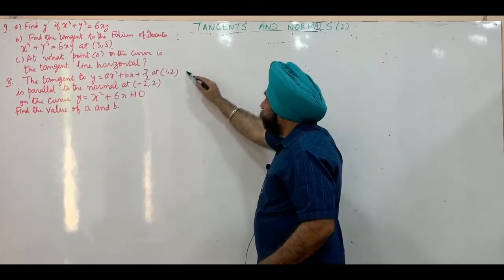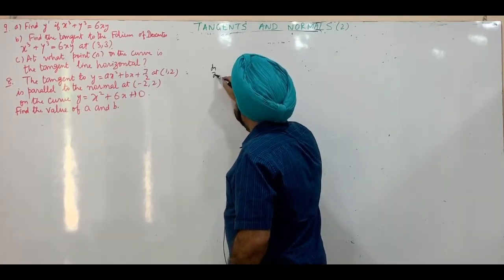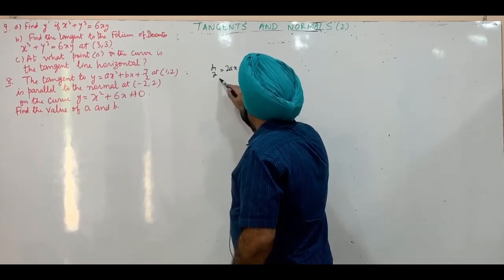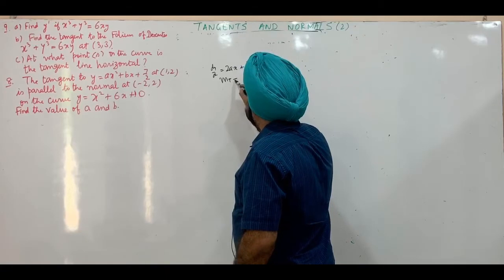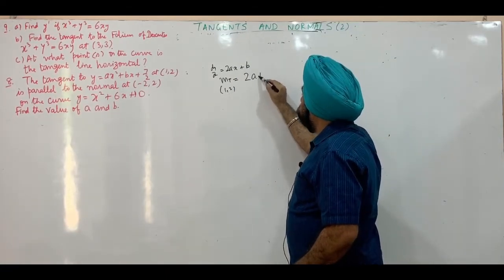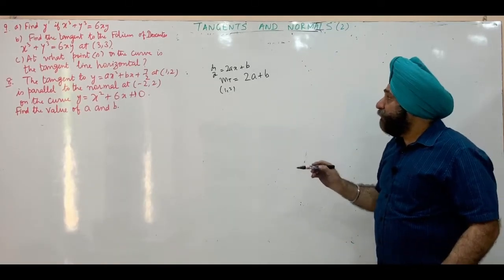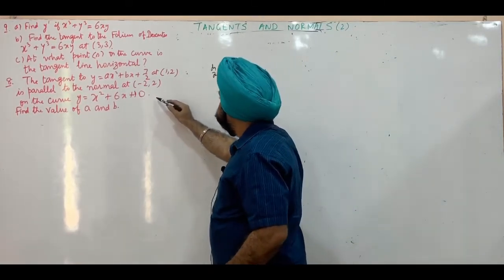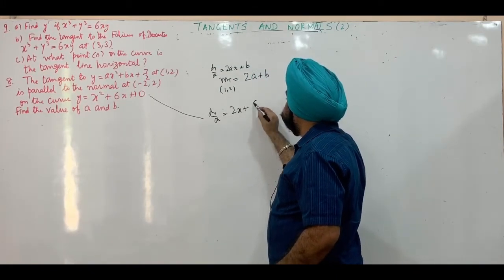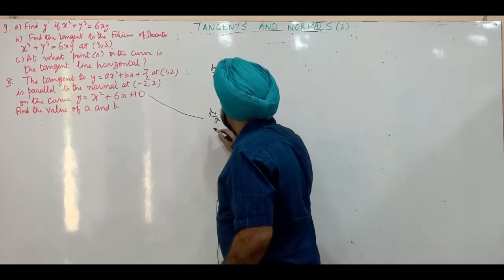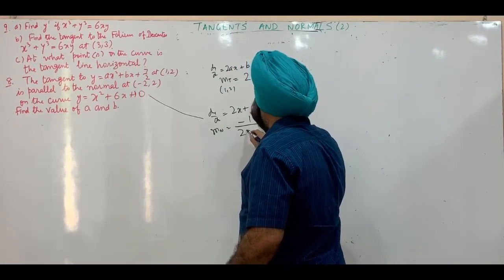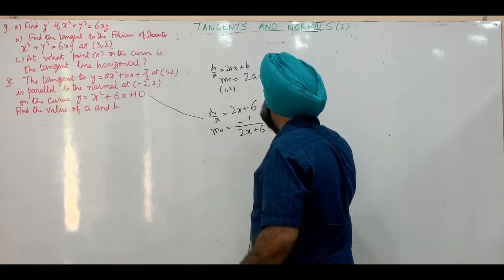The first one, dy by dx, this is 2ax plus b. So the slope of the tangent at point (1, 2), we put x is equal to 1 here, this is 2a plus b. Second curve, dy by dx for the second curve, this is 2x plus 6, and the slope of normal will be minus 1 upon 2x plus 6.